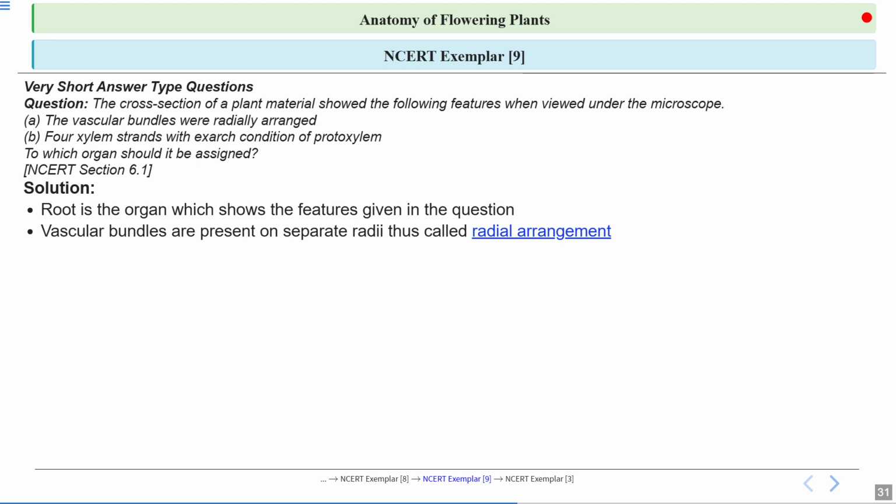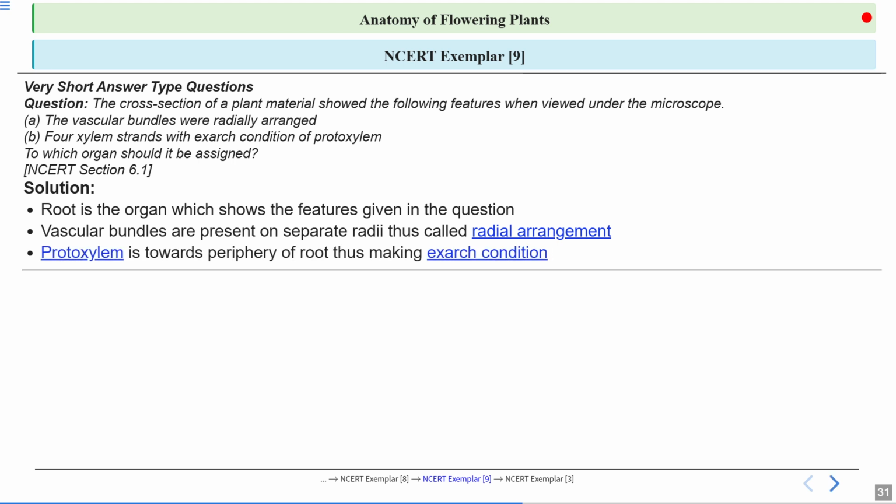Vascular bundles are present on separate radii, and that is called radial arrangement. Means the xylem is present at one radius, and phloem will be present on a different radius. So you see alternate xylem and phloem bundles, and that type of arrangement gives the radial arrangement of the vascular bundle. Protoxylem is toward the periphery of the root, thus making it an exarch condition.